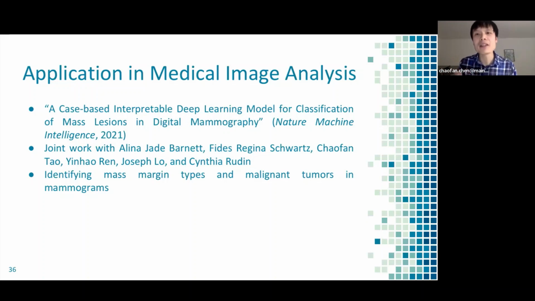It was published in Nature Machine Intelligence in 2021, and it's joint work with Alina Barnett, Fides Schwartz, Chaofan Chen, Ying Hao, Joseph Lo, and Cynthia Rudin from Duke. We applied this to identify the mass margin types and malignant tumors in mammograms.